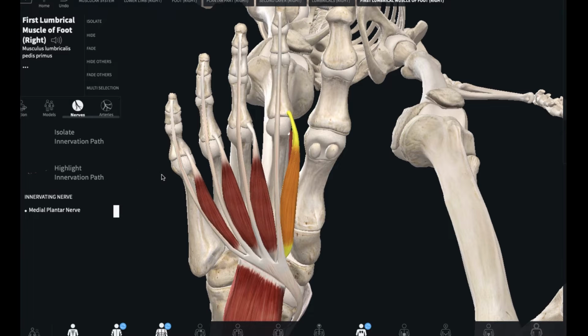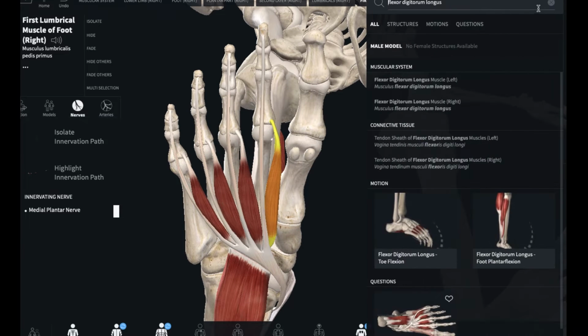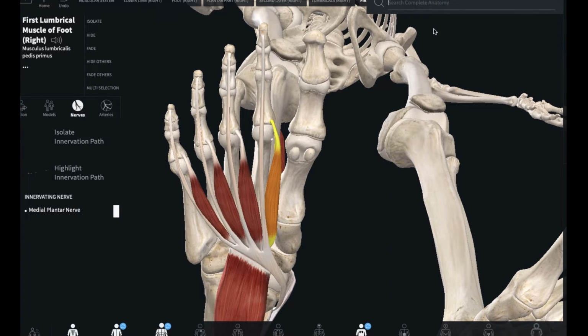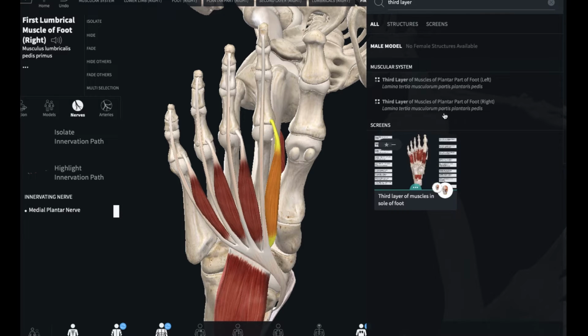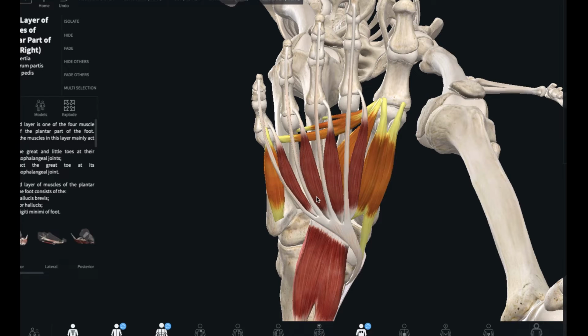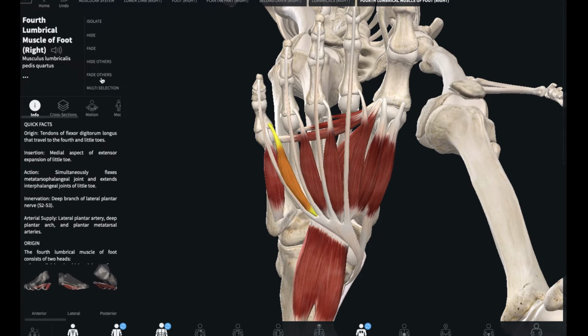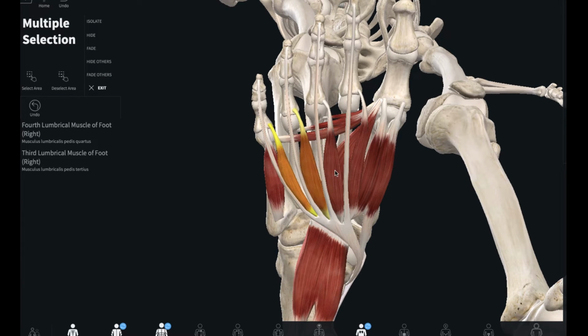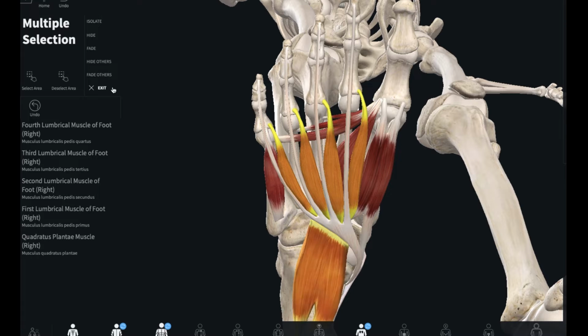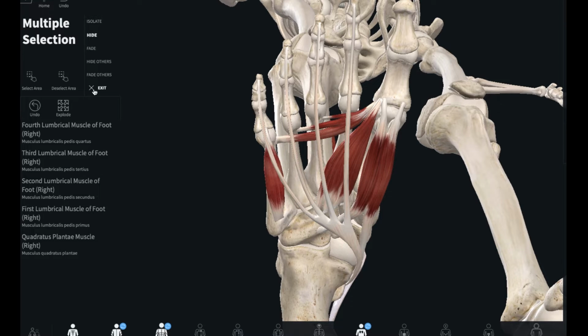Now let's just move on to the third layer. Get rid of these. And I don't think these attach to that.